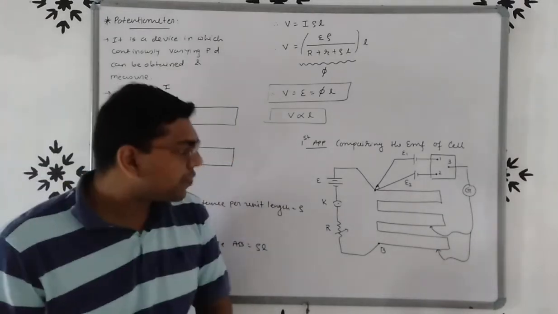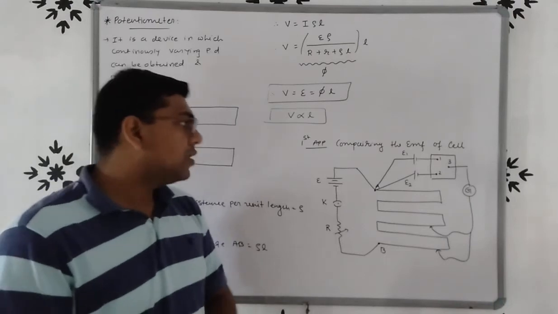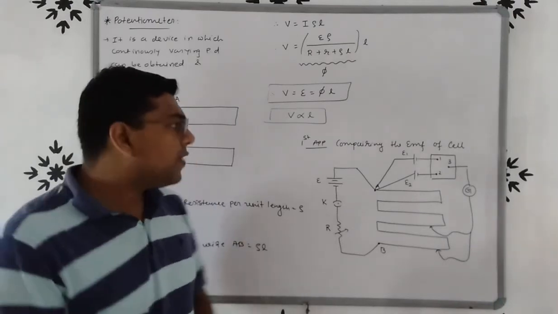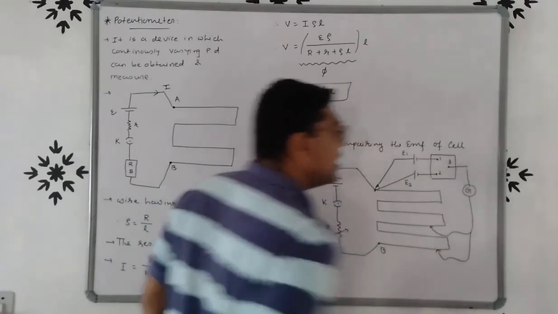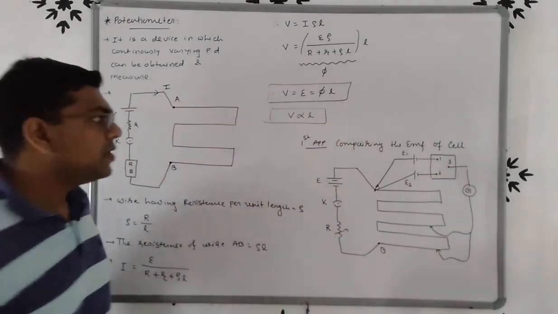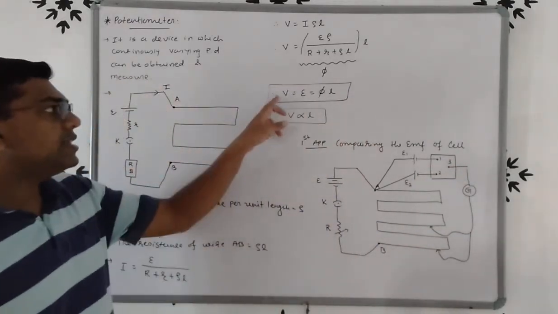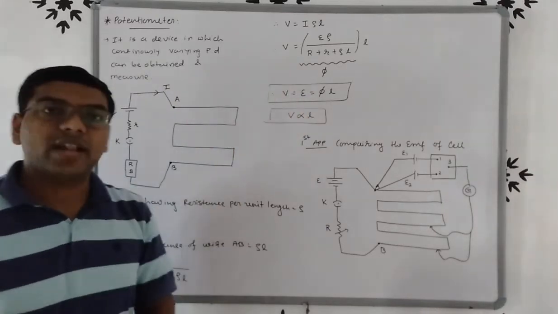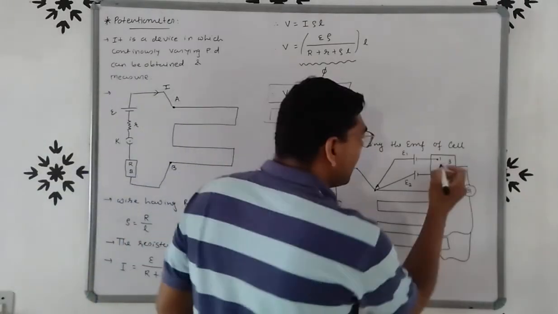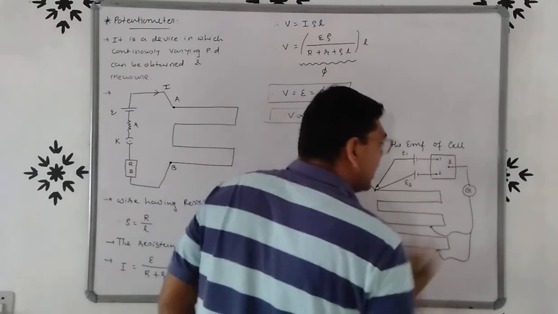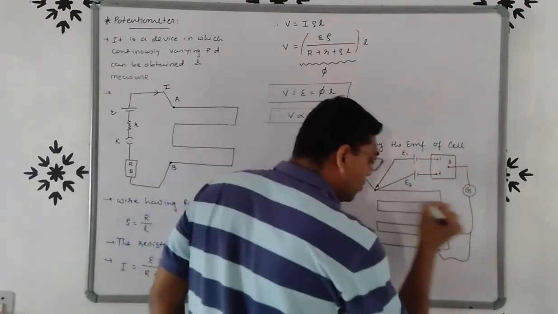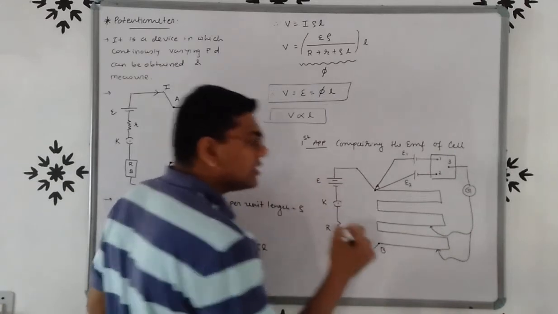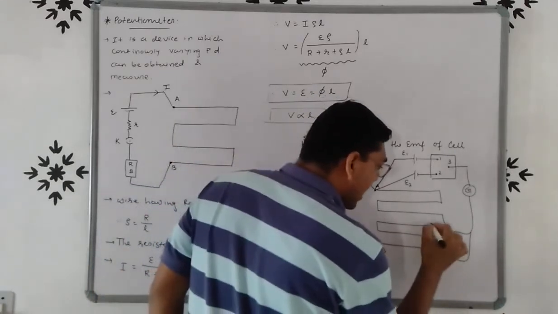Now in the first case we connect 1 and 3. Here we know the formula V is equal to E is equal to phi L. When we connect 1 and 3 and move the jockey from A to B, there is a null point N1.